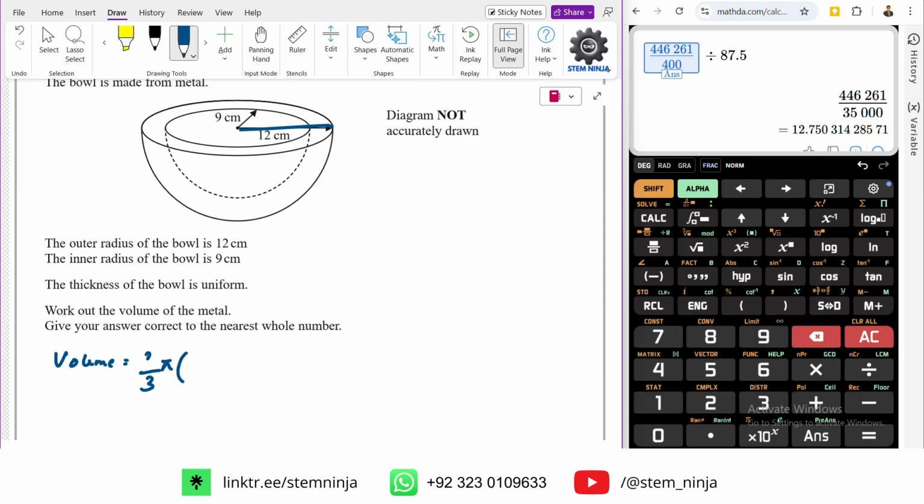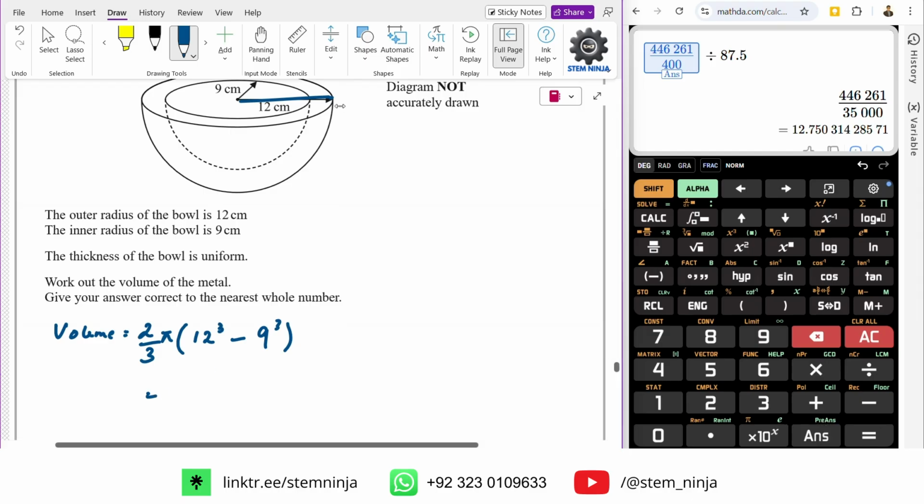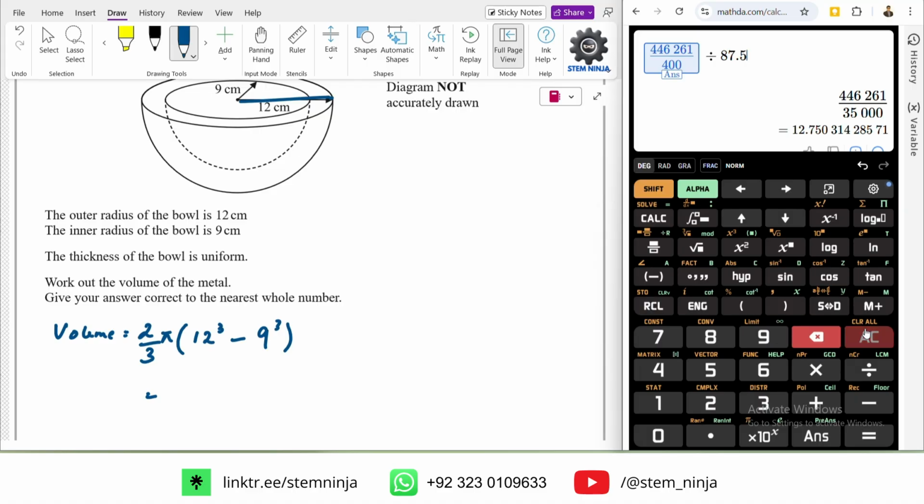Since they're both hemispheres, we're cutting out the volume of the smaller hemisphere from the larger one. So 2 pi r cubed minus r cubed. Right? So this would be 2 pi by 3 times 12 cubed minus 9 cubed.